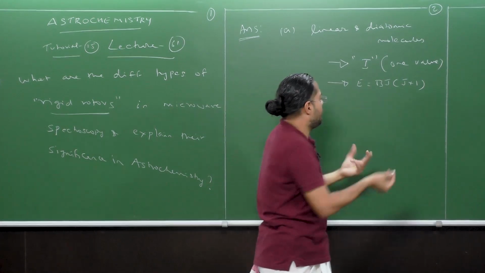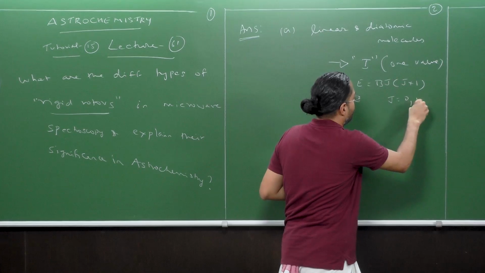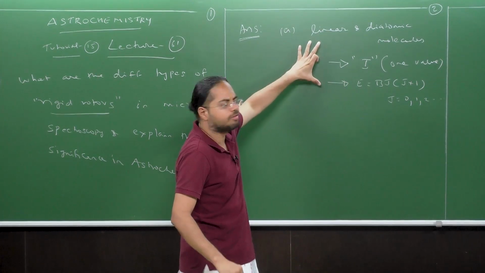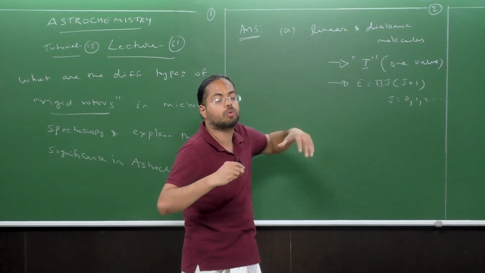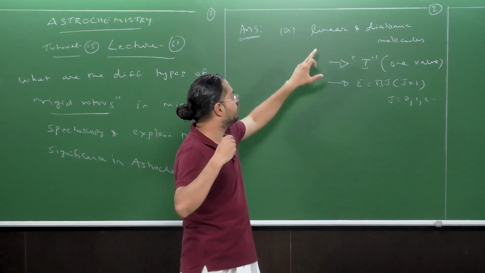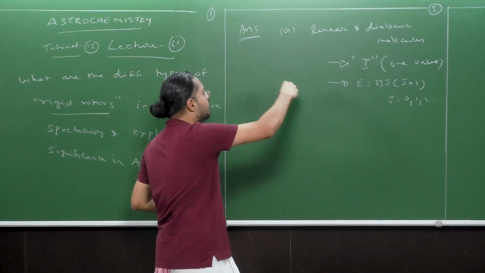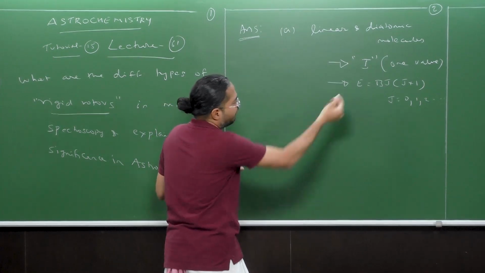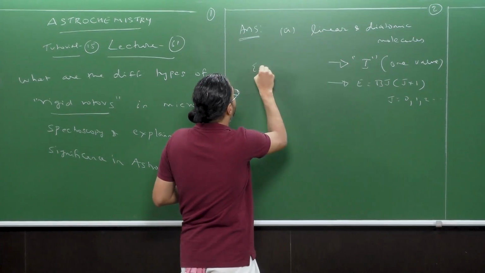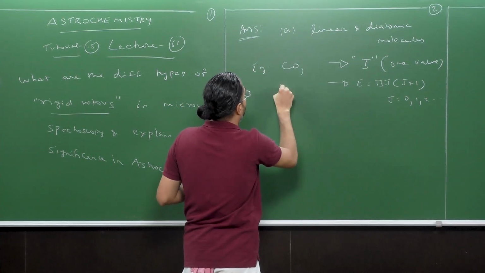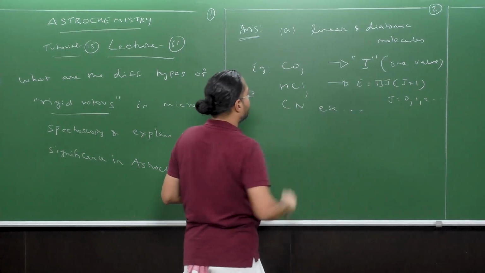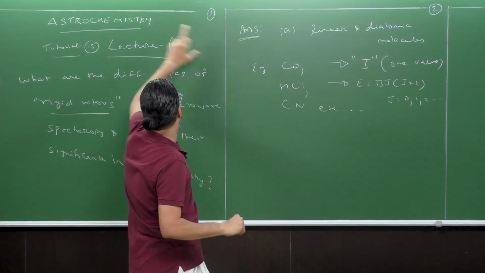J is going to be 0, 1, 2, and so on, all right? So this is something we already discussed in the lecture, so I'm not going to reiterate it yet again. There are other types of rigid rotors which are going to be much more interesting. And of course, if you want examples for these, CO, HCl, CN, etc. And all of these molecules are astrochemically relevant.